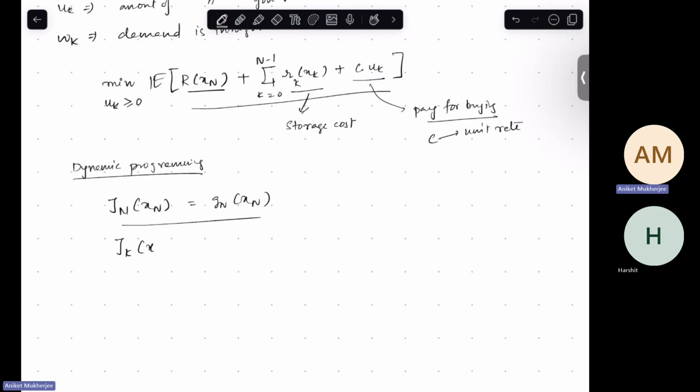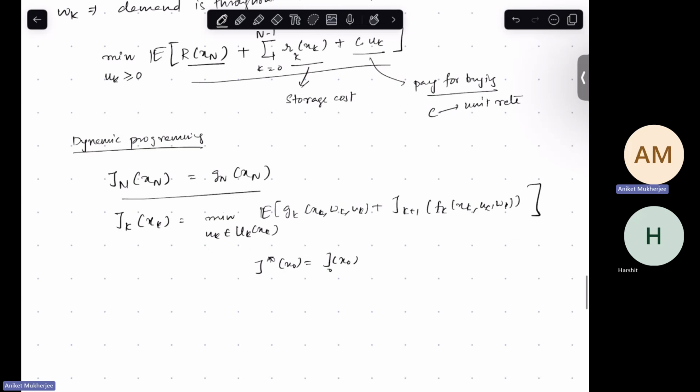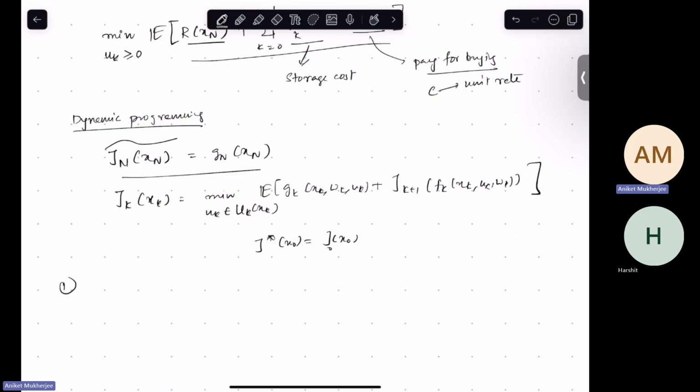And then you find J_k(x_k), minimize over u_k, expected g_k(x_k, u_k, w_k) plus J_{k+1}(f_k(x_k, u_k, w_k)). And then you do this until you reach J*(x_0), which is equal to J(x_0), right? So the first step is this.